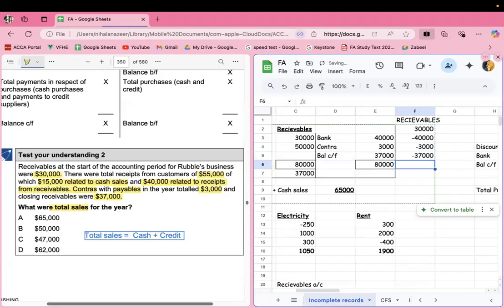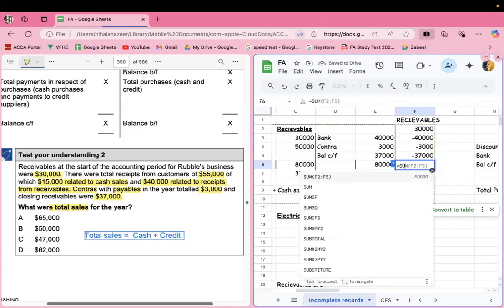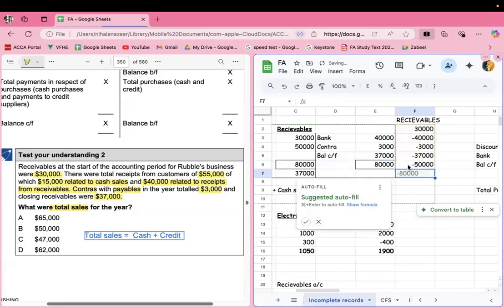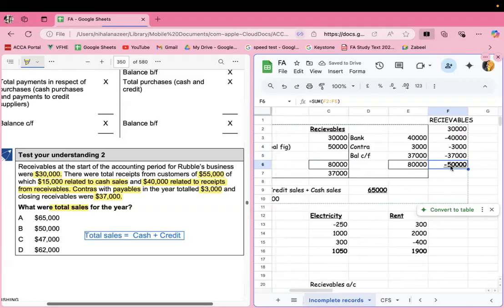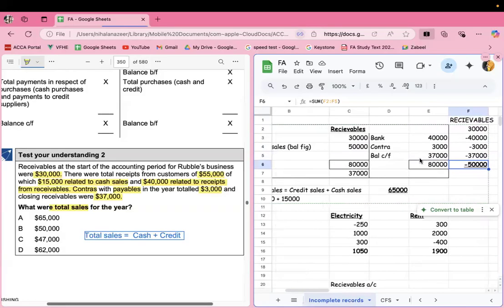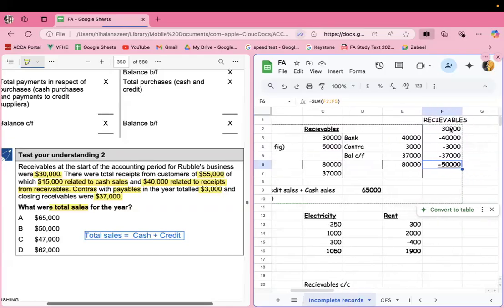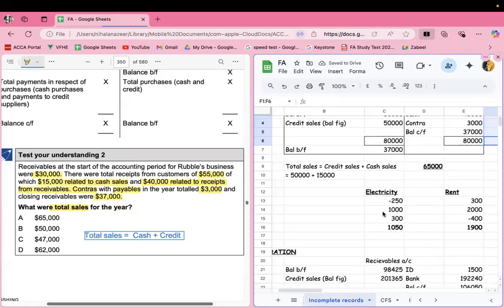Clear? So when I do this, the amount in total would be the credit sale. Understood? So whatever increases would go like this.